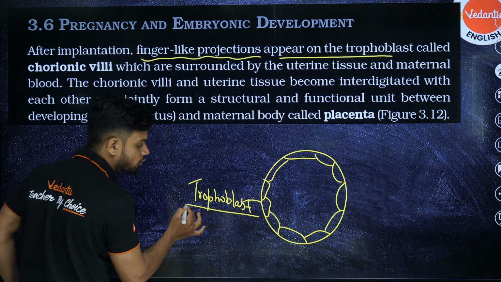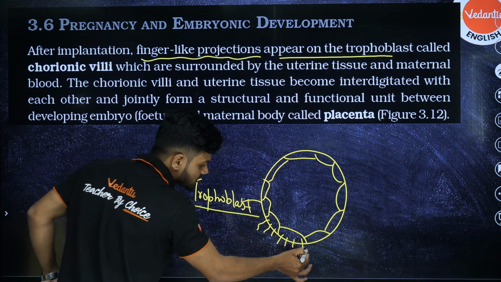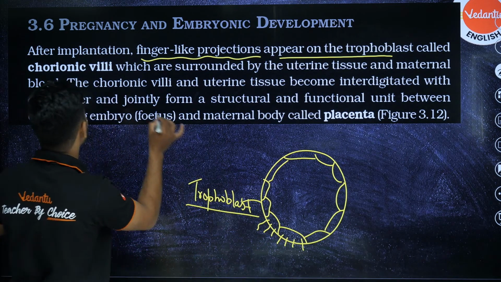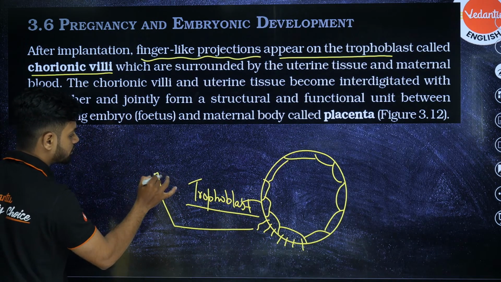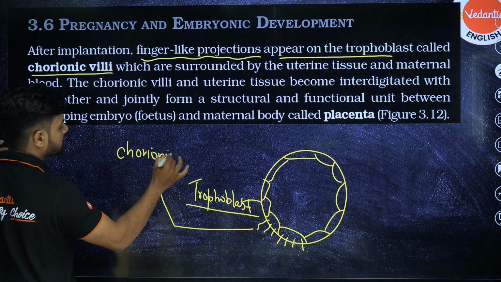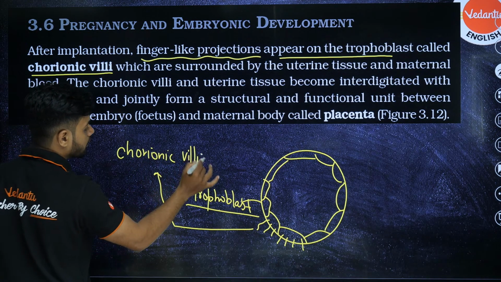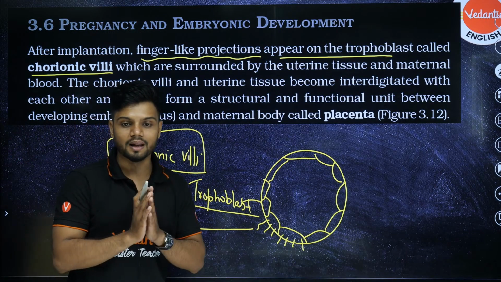On top of this trophoblast, there are finger-like projections. The finger-like projections on the trophoblast are called chorionic villi. Where are they arising? Chorionic villi are arising on the trophoblast.